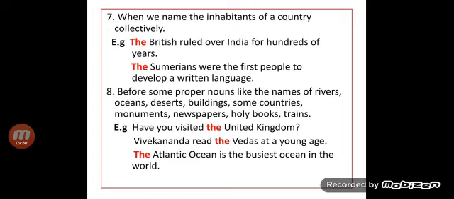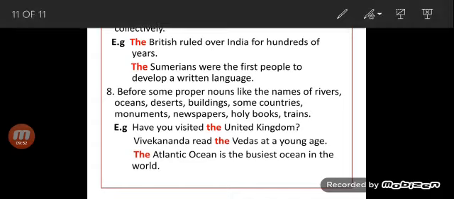The last one is before some proper nouns like the names of rivers, oceans, deserts, buildings, some countries, monuments, newspapers, holy books, and trains; we use article the.